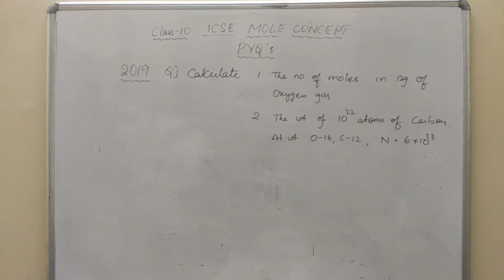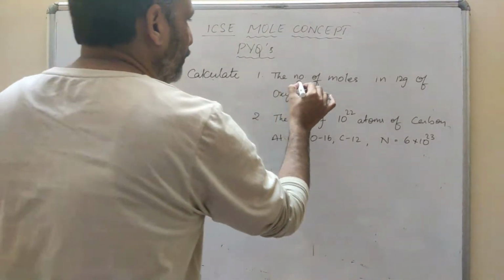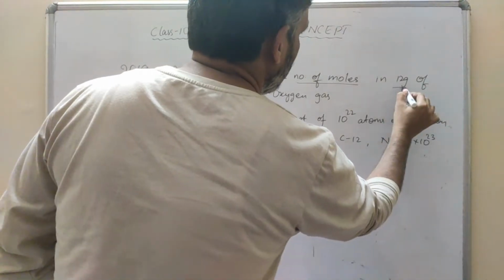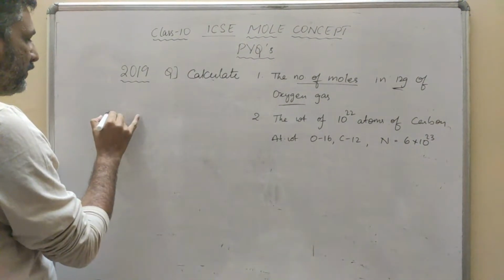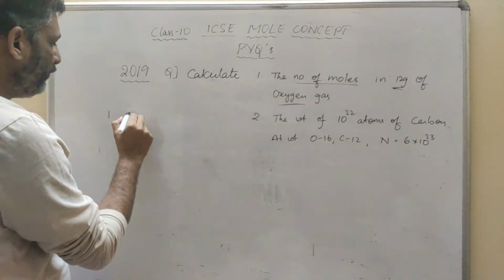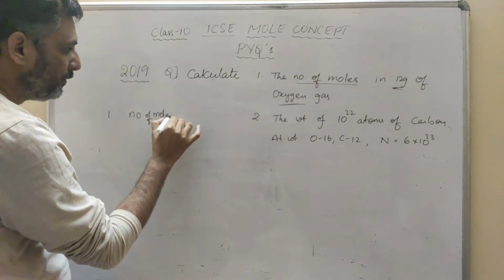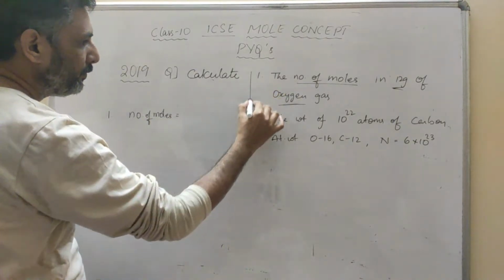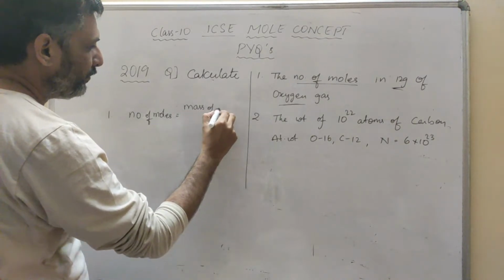So from this, first you have to find the number of moles in 12 grams of oxygen gas. So for the first bit, we need to find the number of moles. Number of moles is equal to, what is the formula? Mass of the substance.